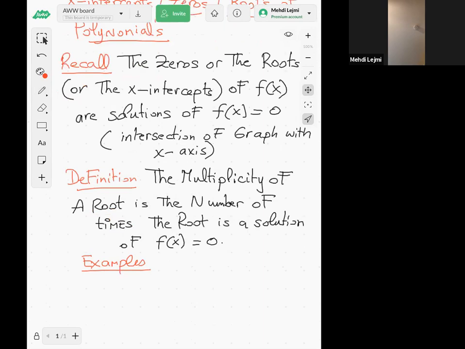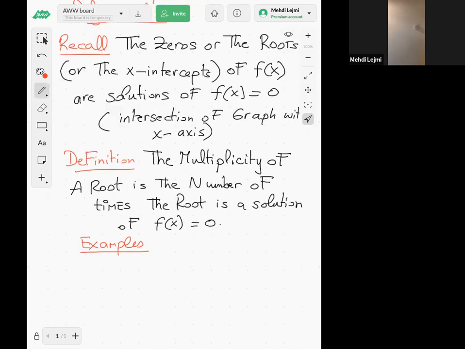Example. Let's say f of x is equal to x squared minus 2x plus 1. Let's find the roots, or the x-intercepts, or the zeros of f of x.